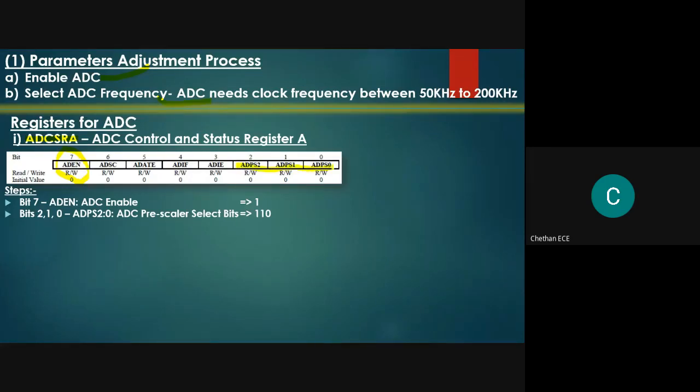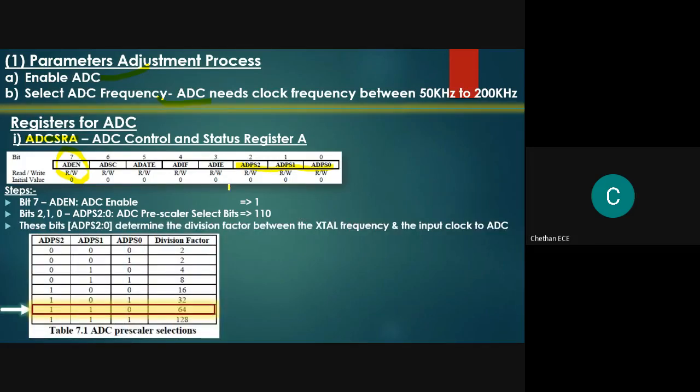Similarly, ADPS2, ADPS1 and ADPS0. Okay, these bits should be programmed as 110. These bits set what we call the prescaler value. The main reason for doing this prescaling operation is that our microcontroller works at a frequency of 7.3 megahertz, but the ADC which we have in our Atmega 16 works at a frequency of 50 kilohertz to 200 kilohertz.